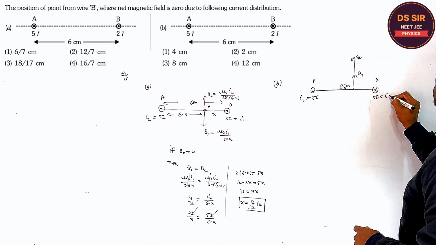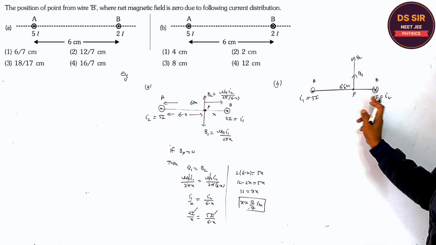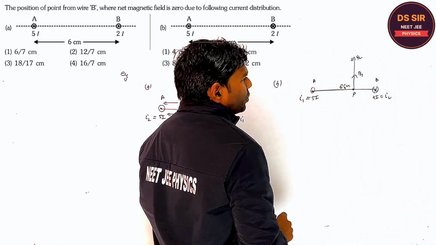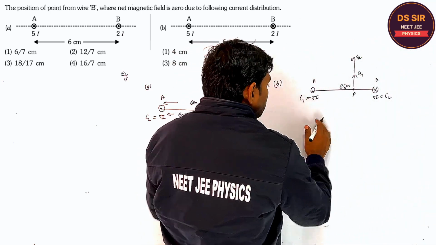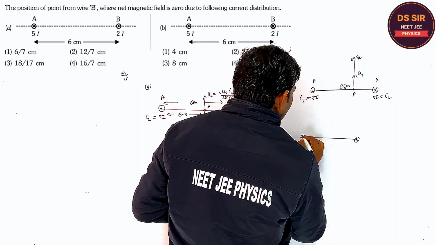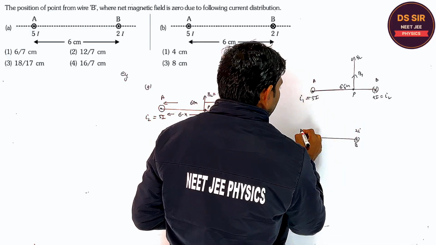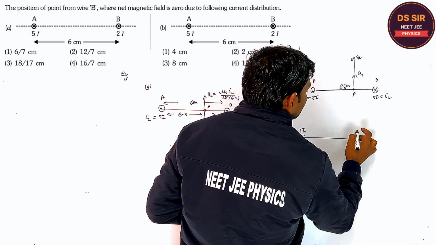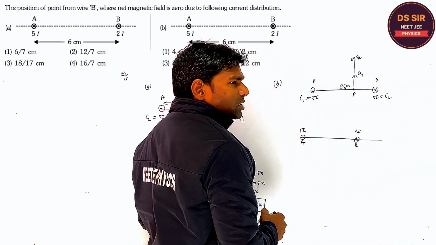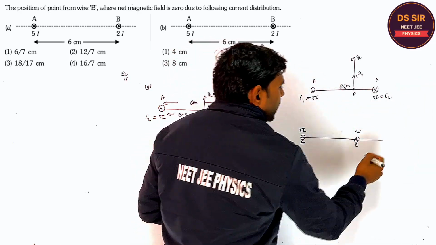So it is not possible to have any position of point P between A and B so that the net magnetic field is 0. So suppose this is A, this is B, 5i and 2i. The position will be towards the right of wire B at distance x.